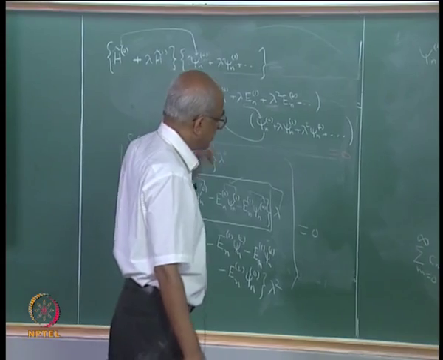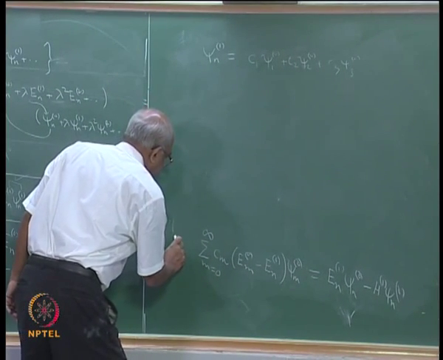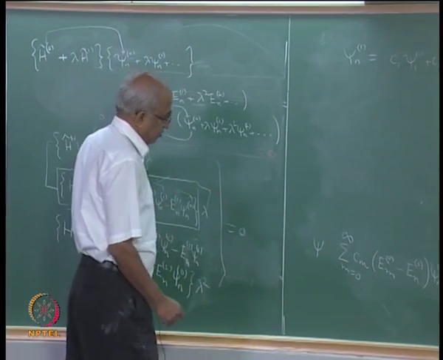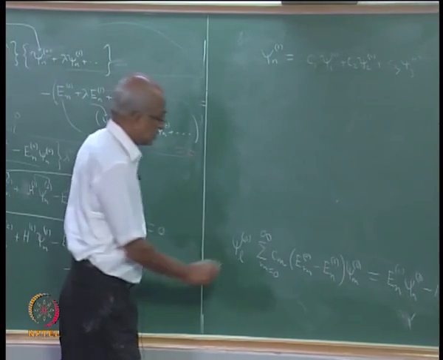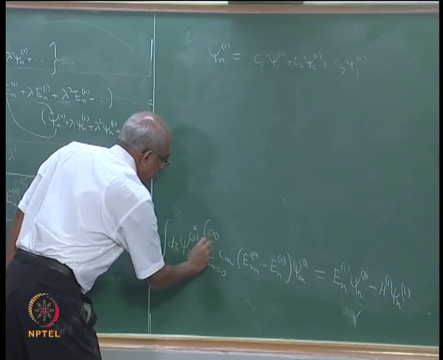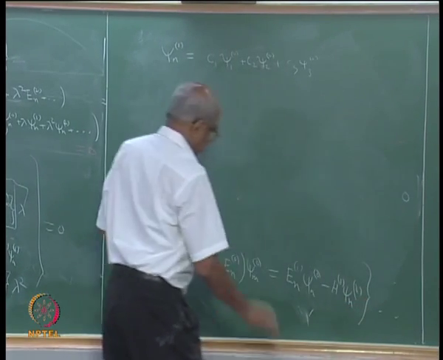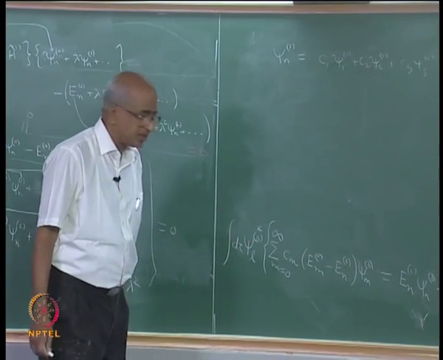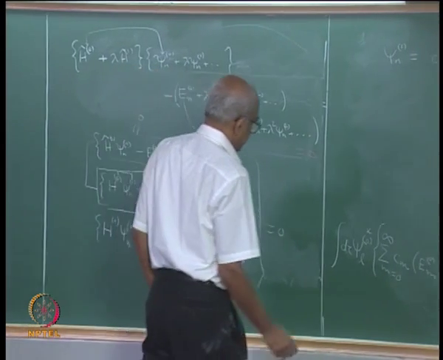The way to do that will be to take this equation and multiply it from the left hand side with, let us say, psi L 0 star, and then the volume element d tau and integrate. This whole equation I will just multiply by psi L 0 star and integrate over the entire space. So, if you did that, what is going to happen? Let us see.